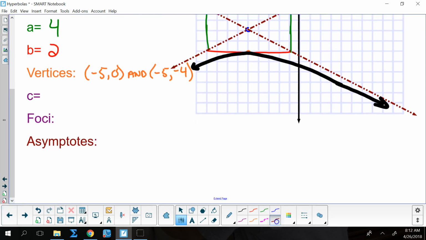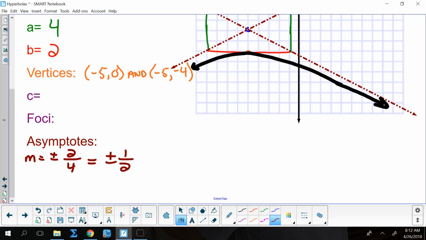What is the slope of my two asymptotes? 2 over 4, which reduces down to 1/2. So it's b over a, which reduces down to 1/2. Okay?